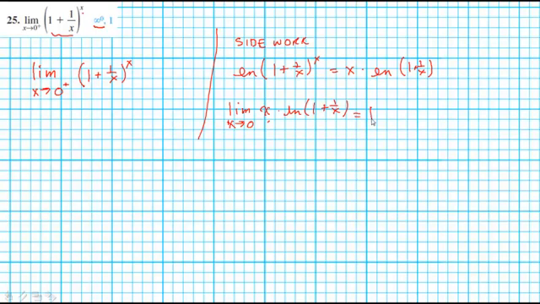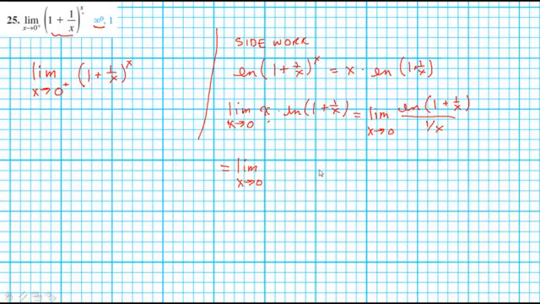So I can rewrite this as the natural log of 1 plus 1 over x divided by 1 over x. Now this is going to infinity, and this is also going to infinity, so it's indeterminate in the form of infinity over infinity, which means we can apply L'Hopital's rule to it.